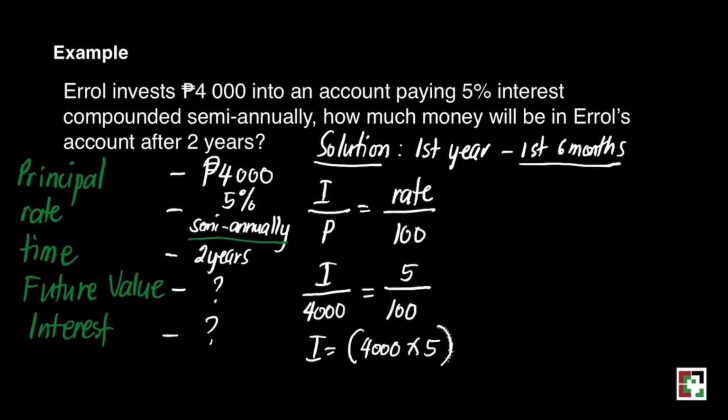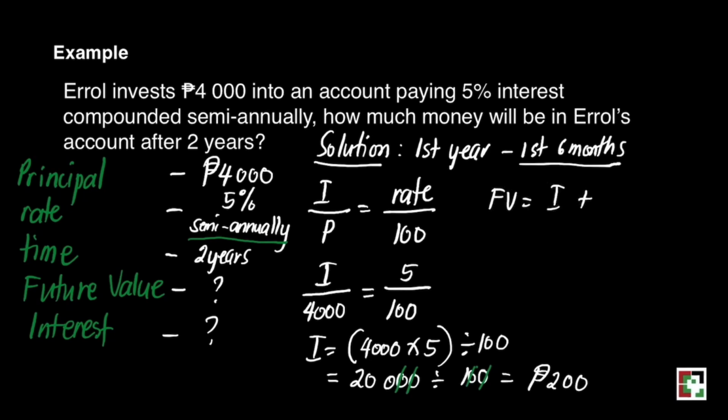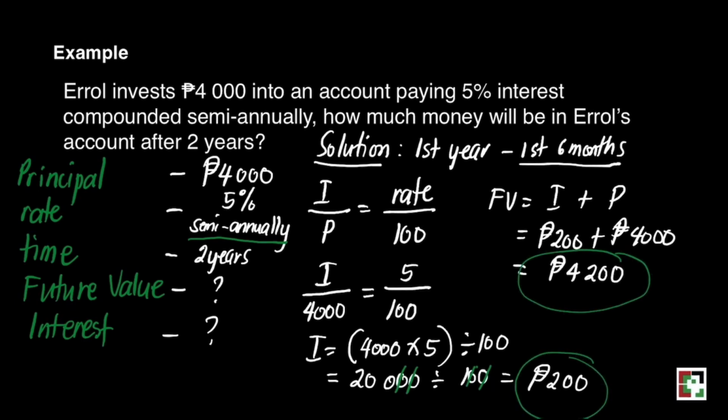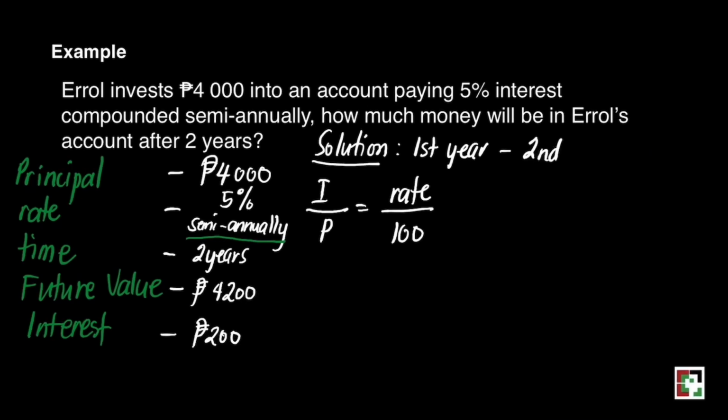4,000 times 5 divided by 100 will get 200 pesos for the first 6 months of the first year, added to the principal to get the future value of Errol's account, and that's going to be 4,200 pesos for the first 6 months. For the second 6 months, we will substitute.